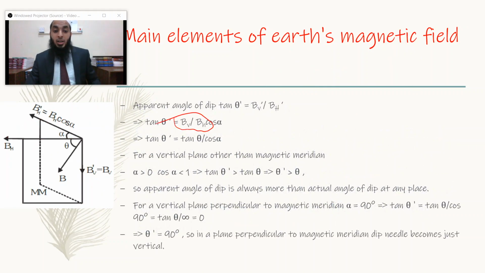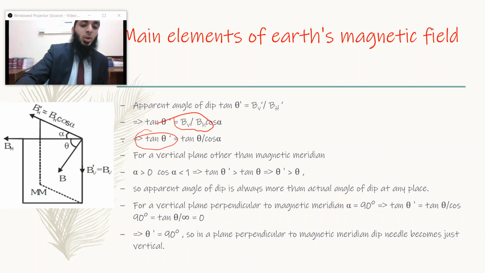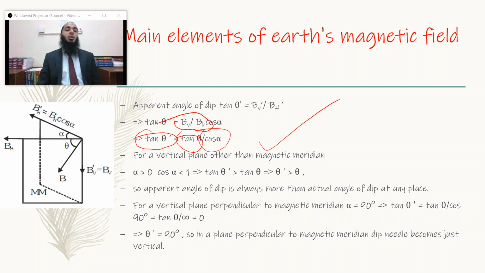So if I substitute that, I get tan theta dash on the left hand side equal to tan theta in the numerator divided by cos alpha. So this is a very important relation which relates the apparent dip with the true dip and the angle between the magnetic meridian and the random plane we have chosen.